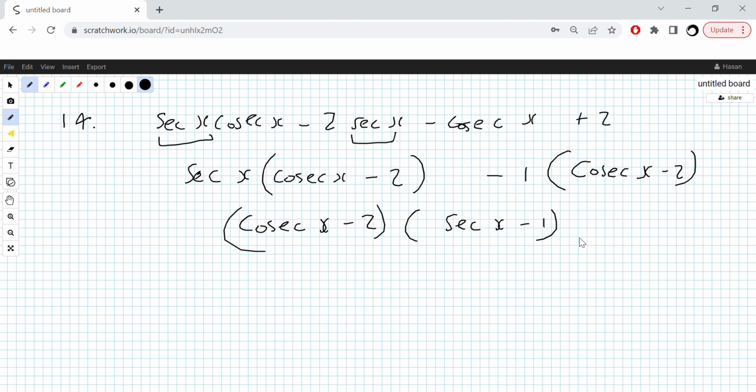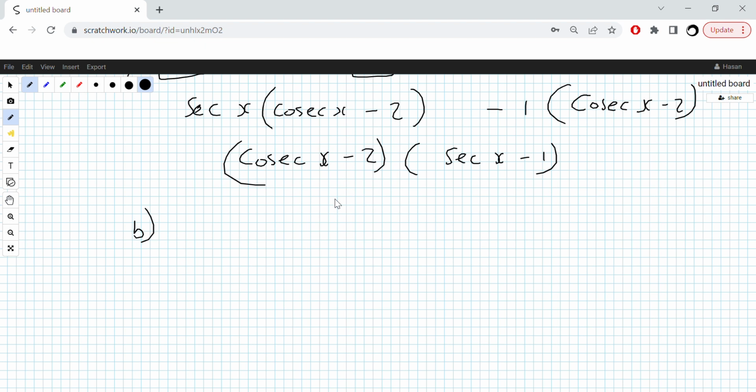And now for our part B, they're saying solve this for 0 to 360. Cosec x minus 2 equal to 0, sec x minus 1 equal to 0.